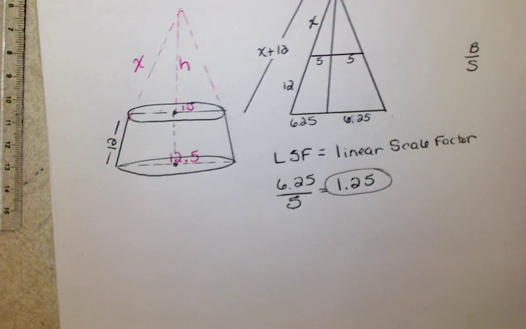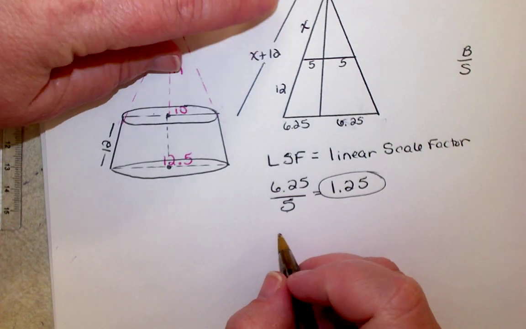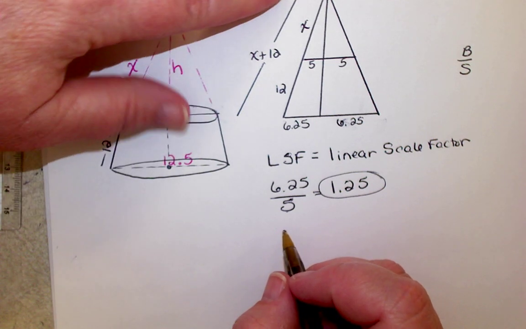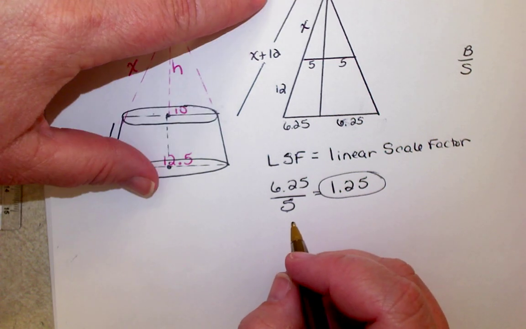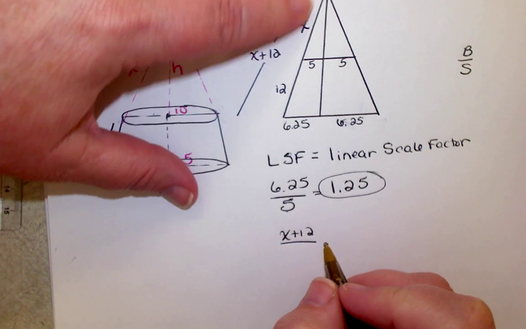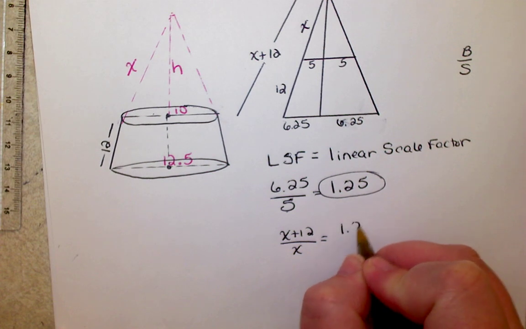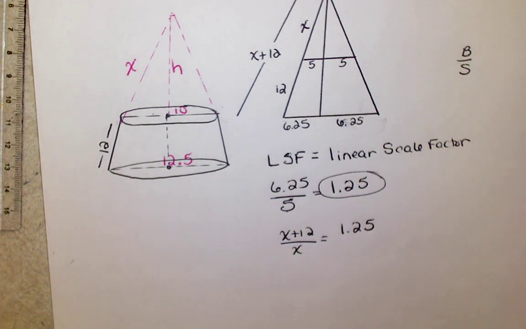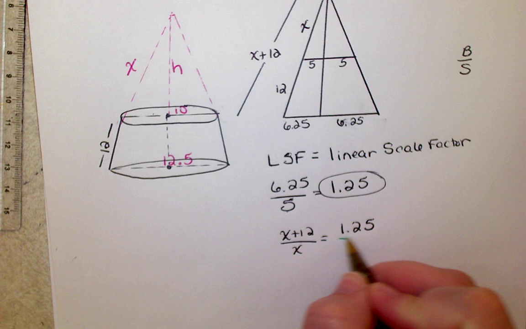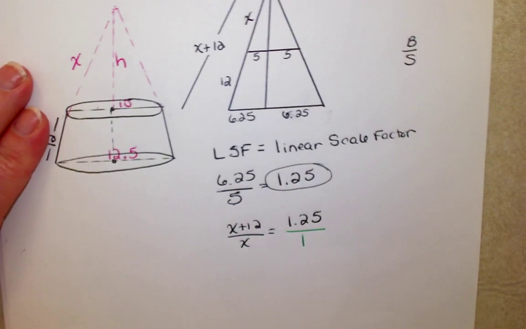So if I say the left side, I have to do big side to small side. So big left side, x plus 12, to the little left side of x, is going to be equal to 1.25. Well, this is actually a proportion. If I put this over 1, I can cross multiply and solve it.